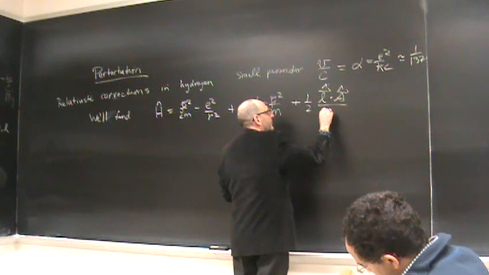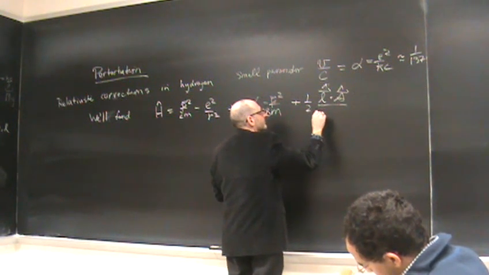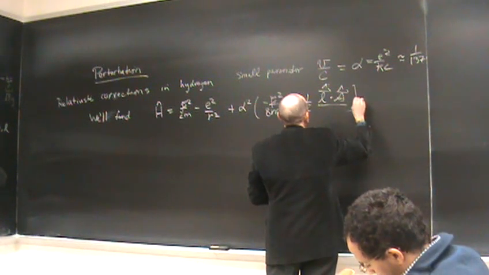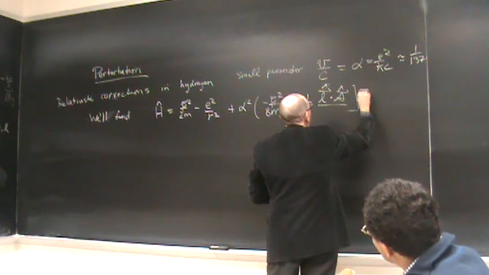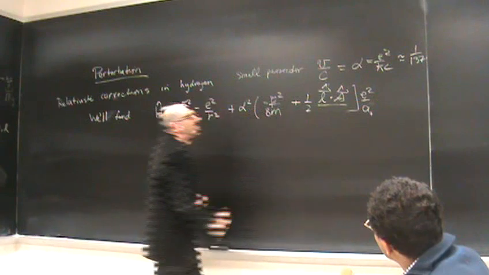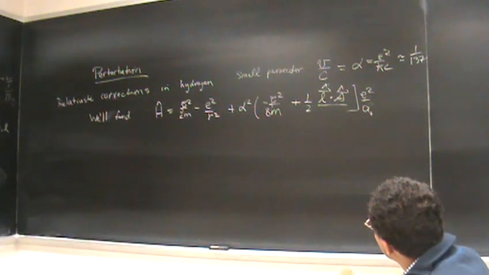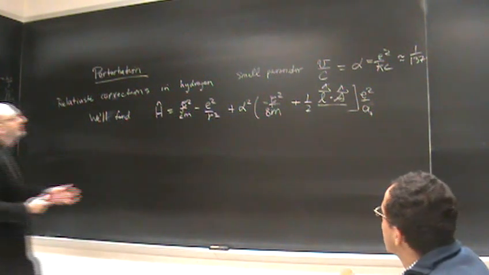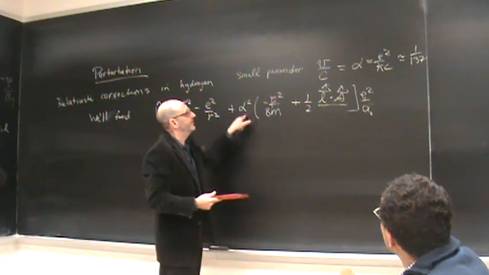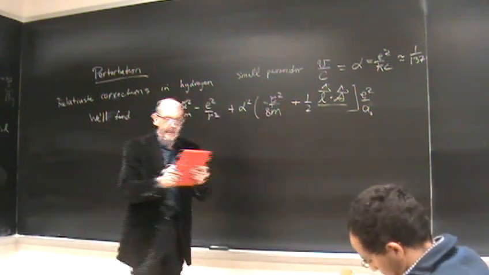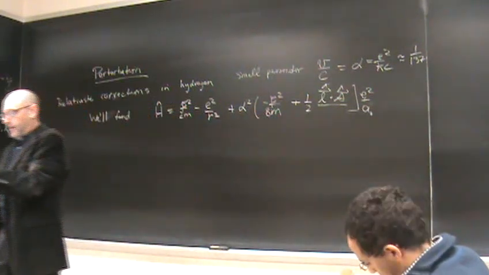There's a spin orbit coupling. And this is all in atomic units. Okay? Why is it alpha squared? This is clear because this depends on the momentum squared. This, we'll come to that.